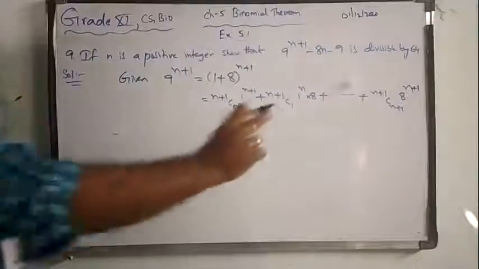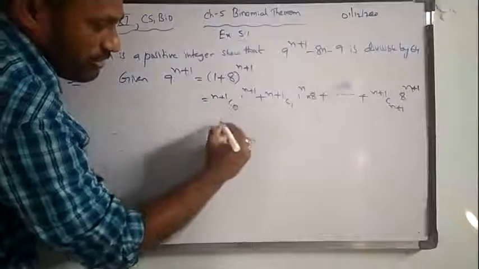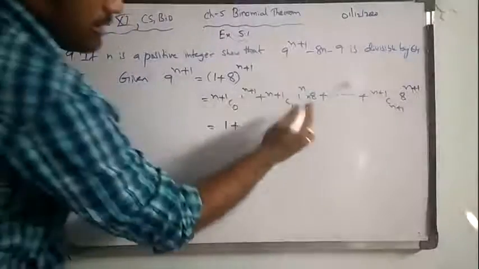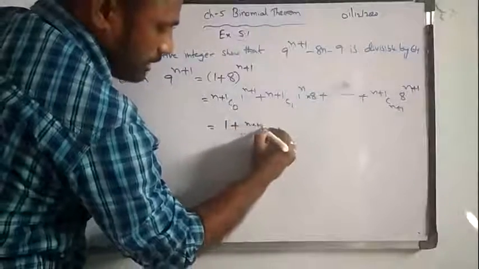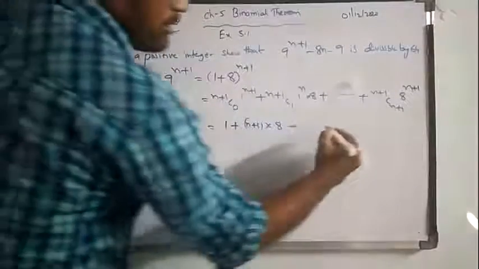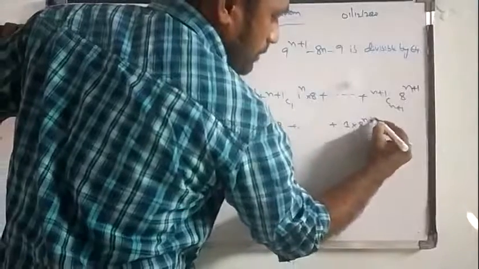So this is the overall expansion. Now (n plus 1)C0 will be 1, and 1 to the power of anything will be 1, plus (n plus 1)C1 value is n plus 1 into 8, plus and so on, plus (n plus 1)C(n plus 1) is 1 into 8 to the power of n plus 1.